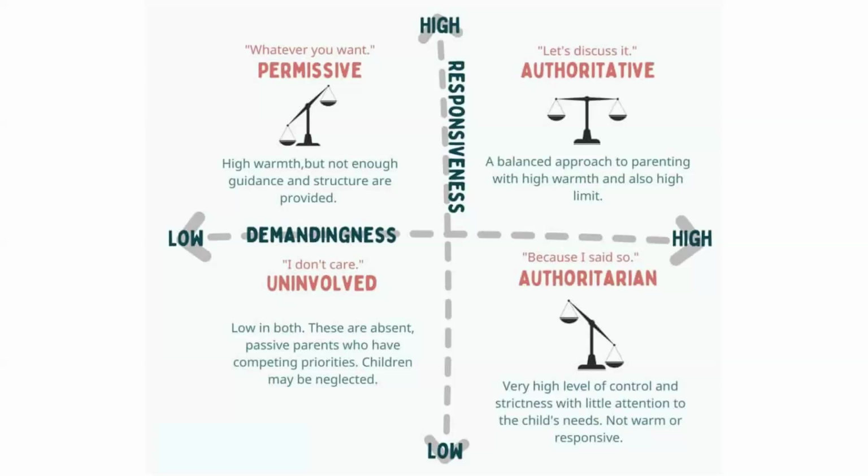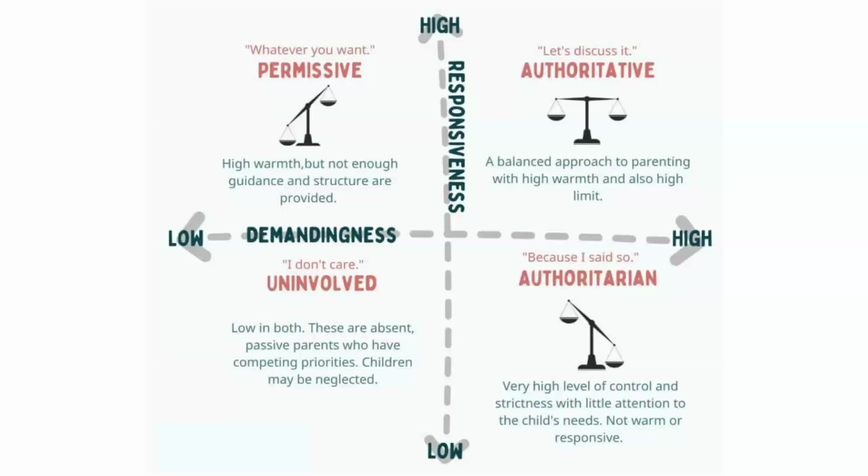When we talk about authoritarian, they will be low in responsiveness and high in demandingness. They'll have a lot of demands from the child but very little responsiveness towards the child, as in, because I have said so, you have to follow that. They'll never try to understand the feeling of a child.